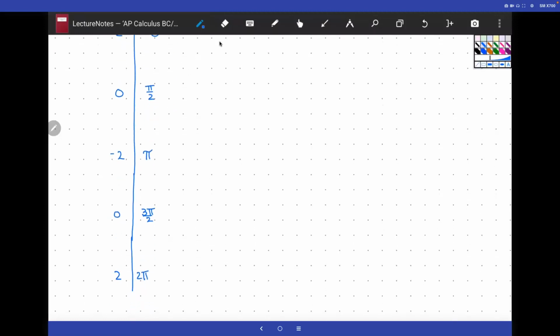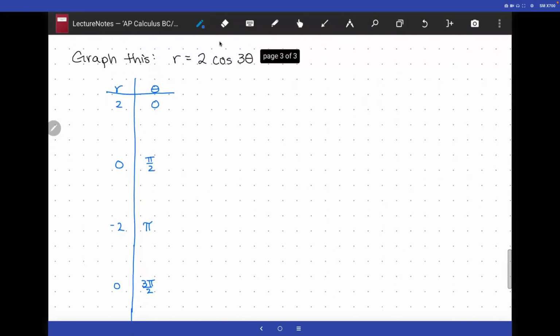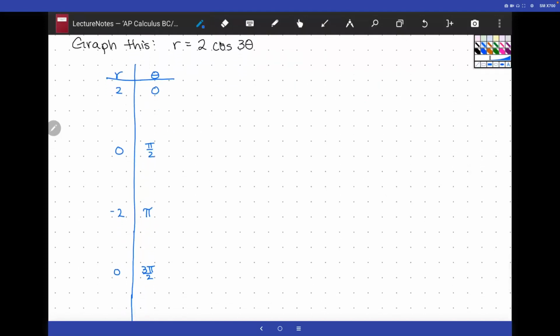All right, let's see what we got. Let's see what this gave us. And if it didn't give us much, we've got to look in between. So 2, 0. That's going to put me right on the x-axis. 0, pi over 2 puts me at the origin.